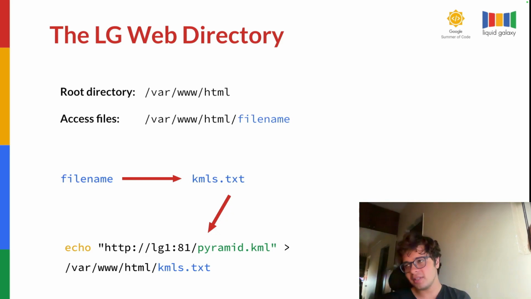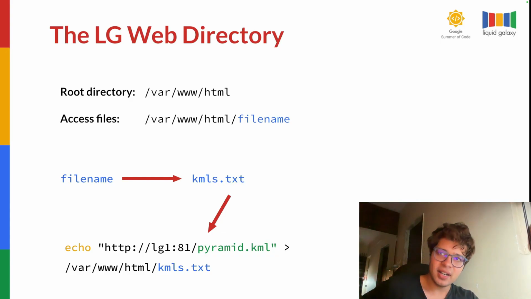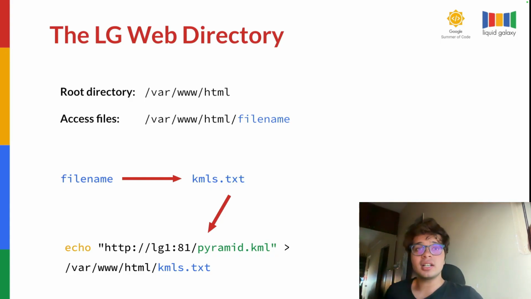So again, kmls.txt is like the registry of KML URLs. This link is an Apache server that's running, or an Nginx server you can call it, and Google Earth fetches and renders all this. You can also see that echo command, which basically sends it to the kmls.txt file.